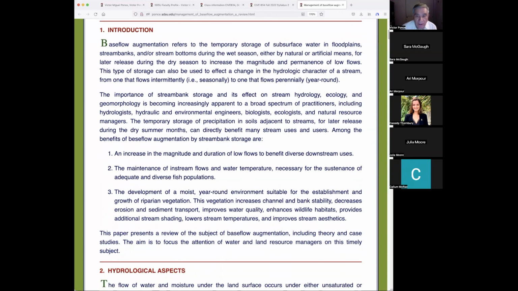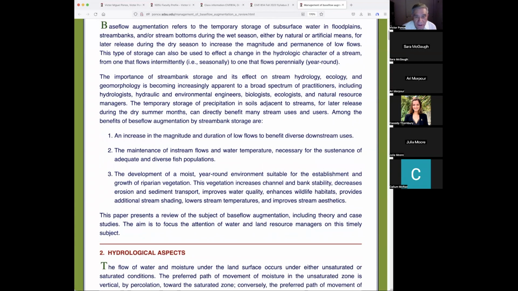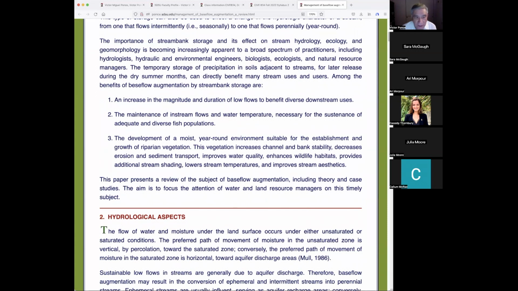Okay, so anyway, practitioners, including hydrologists, like I said, temporary storage of precipitation in soils adjacent to streams for later release in the summer months can directly benefit many streams and users. What are the benefits? Increase in the magnitude and duration of low flows. That's good, because if the river dries out, then the biota that survive on the water is going to also dry out.